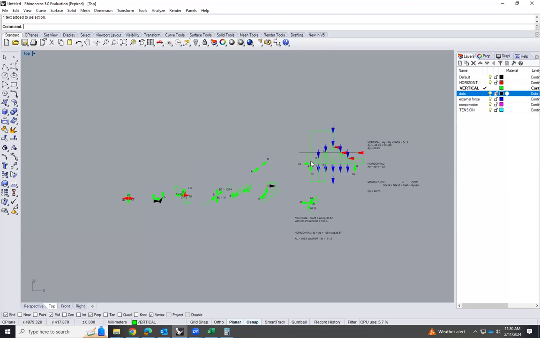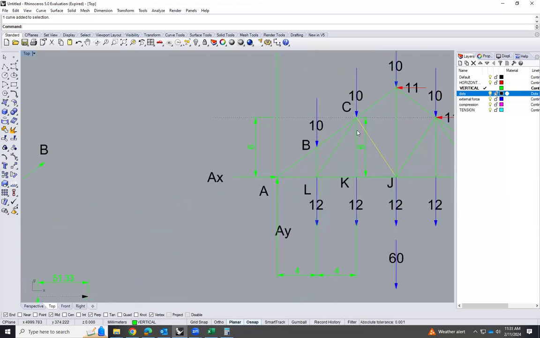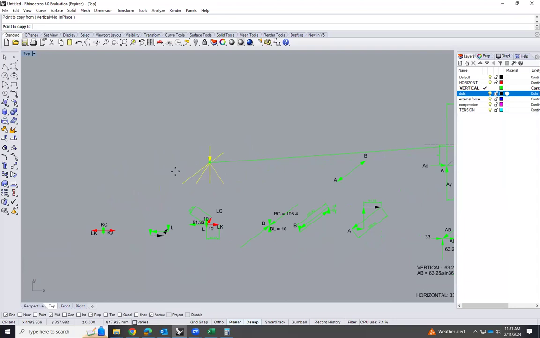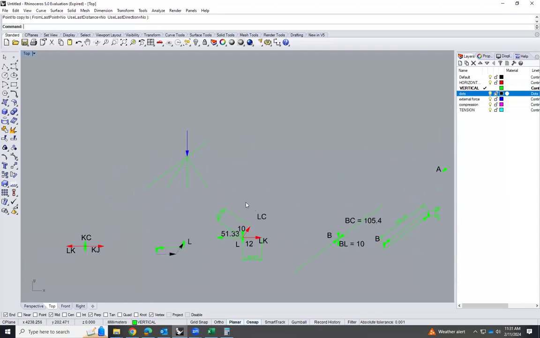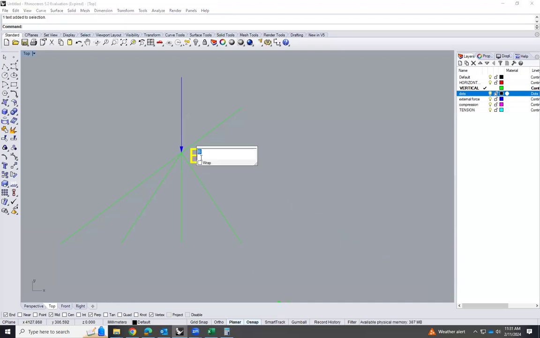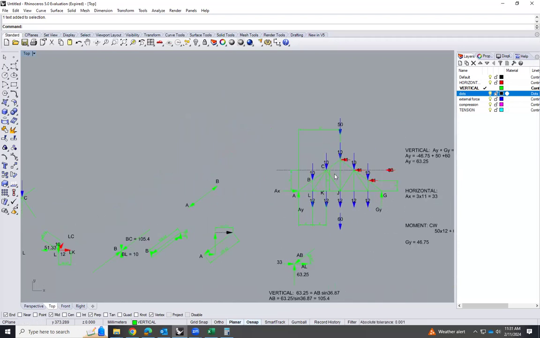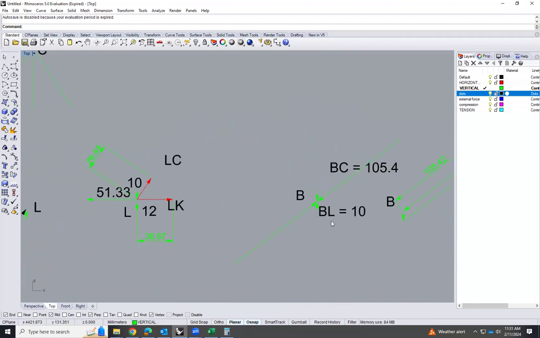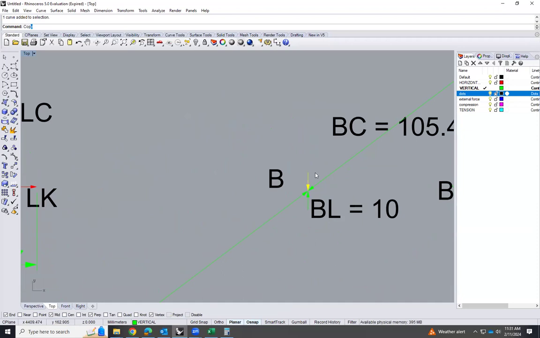So now we can go to point C. Okay, so I'm going to copy all these because these are all the things affecting point C. External force at point C, we have 10 going down. So I'm going to do the right scale. So this is 10 going down.